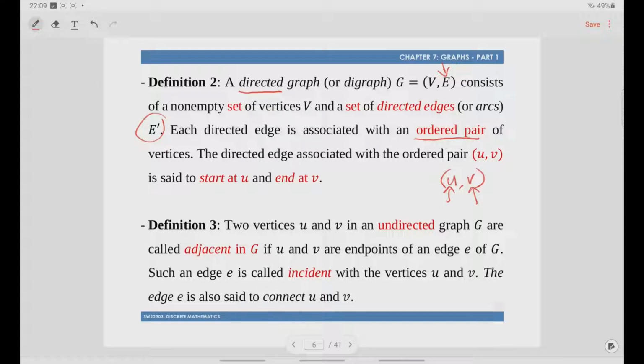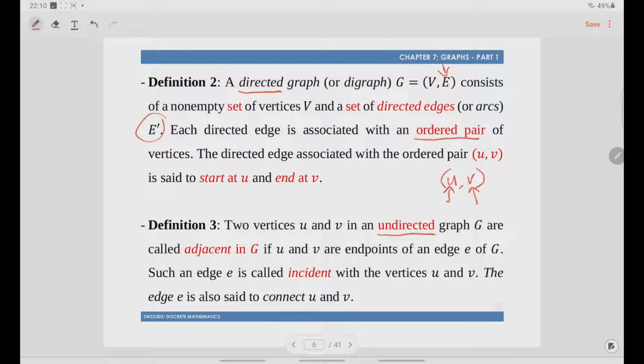Definition number 3. Two vertices U and V in an undirected graph G are called adjacent in G if U and V are endpoints of an edge E of G. So in an undirected graph, the order of vertices doesn't matter.